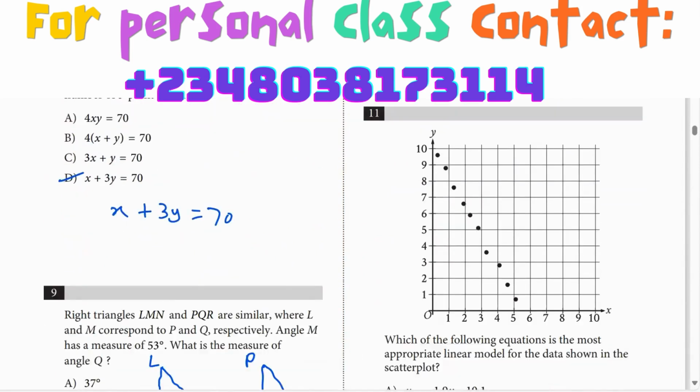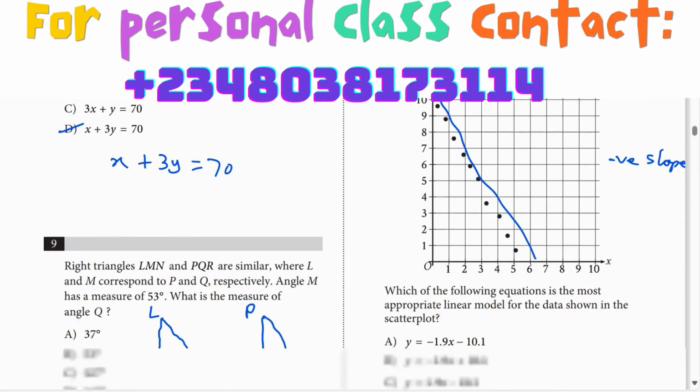Of course, this is going to have a negative slope. The slope here is going to be negative because you can see the line is falling. And it looks as if the intercept is going to be positive. The intercept is going to be positive. So these are what we'll be looking for.